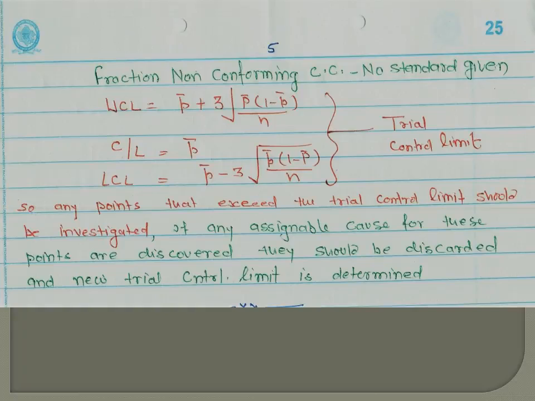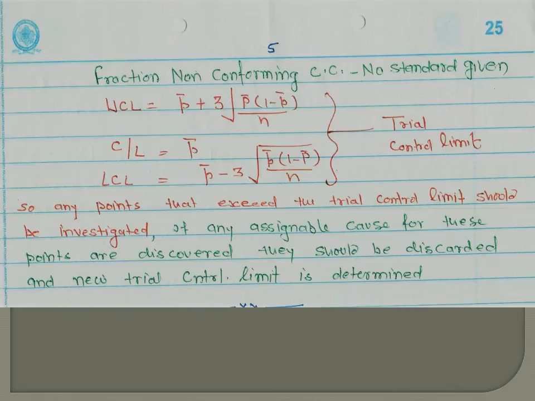The upper control limit is calculated from P bar, which we calculated in the previous slide, plus 3 square root of P bar(1 minus P bar) over n, and this is the central line, that is P bar, and then we calculate the lower control limit, that is P bar minus 3 square root of P bar(1 minus P bar) over n.